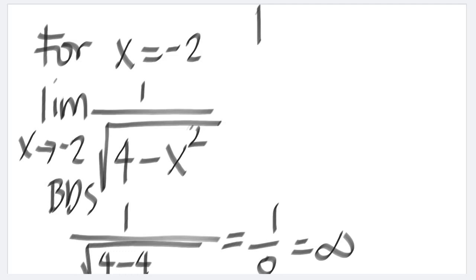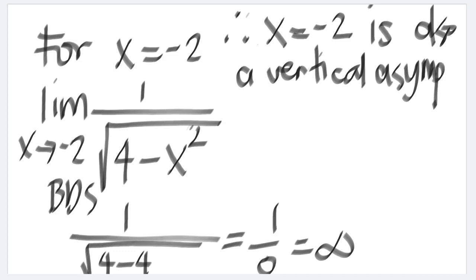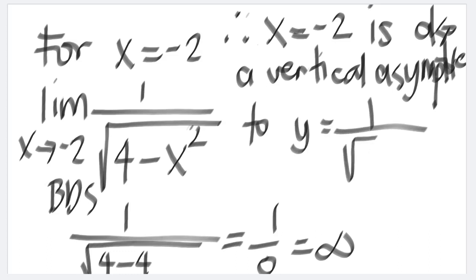So therefore we conclude that x equals negative 2 is also a vertical asymptote to the function y equals 1 over the square root of 4 minus x squared.